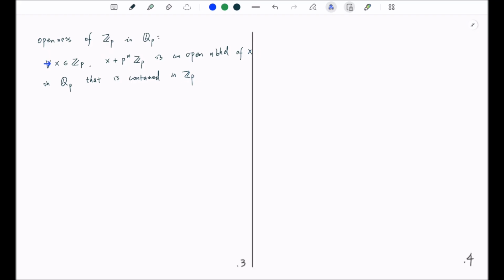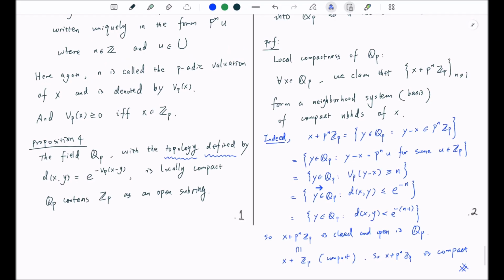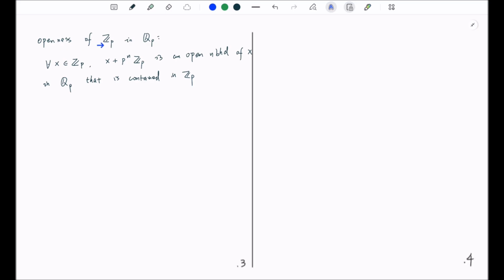And it's an open neighborhood of x by the proof from here. So this verifies the openness of Z_p in Q_p.